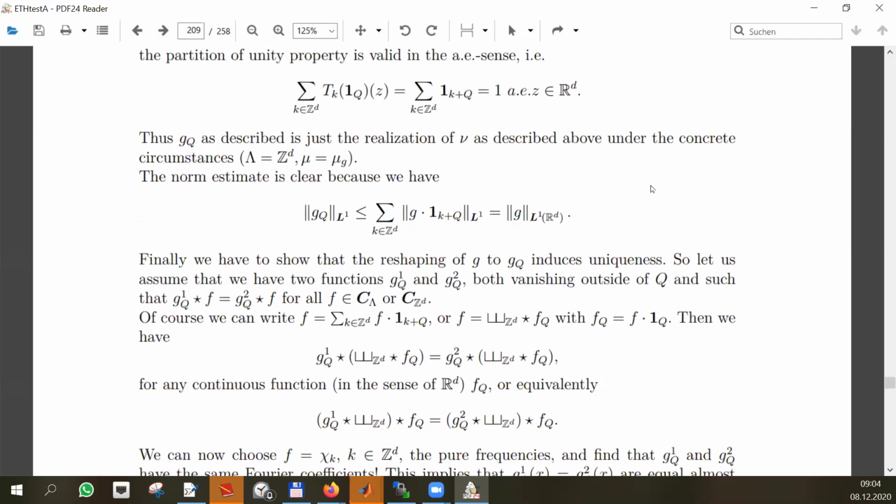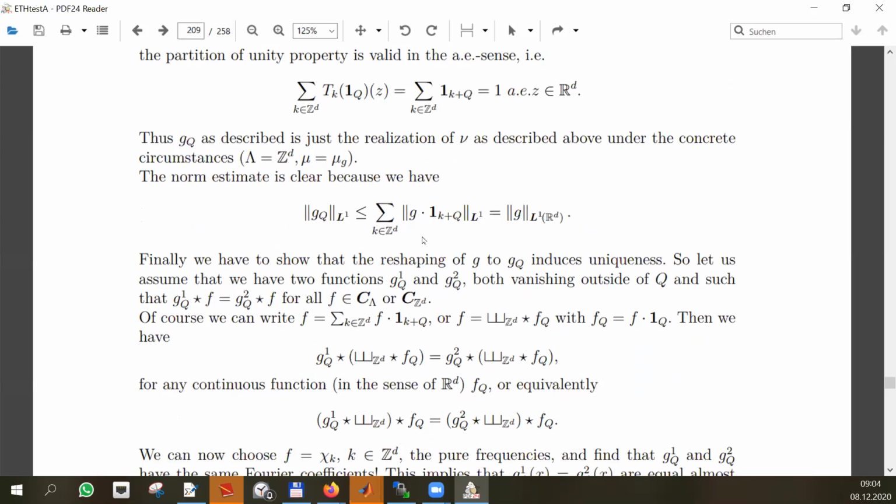Now, what is also important is that piling up the pieces at the intervals k to k plus 1 allows you to control the L1 norm of a function as the sum of the L1 norms of the pieces. That's what we know from the measures: mu has a norm which is the sum of the norms of the mu psi_i, and that's just written out for functions here.